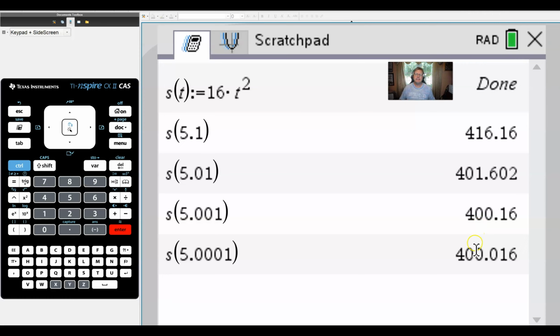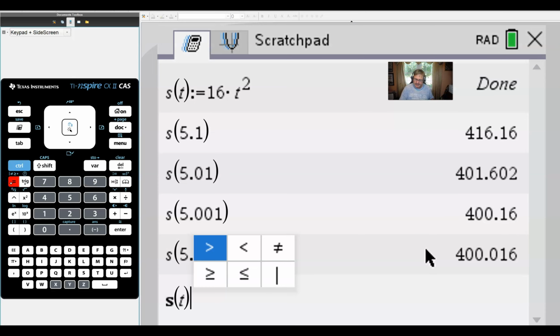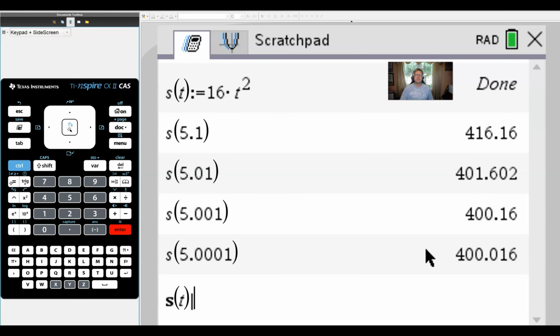Now, if you wanted to get those values a little bit quicker, there is another way to do this. If you try to plug in more than one value, you're going to want to use the such that symbol. And that's located in the Control Equal menu. It's this vertical bar in the bottom right corner. That means such that.